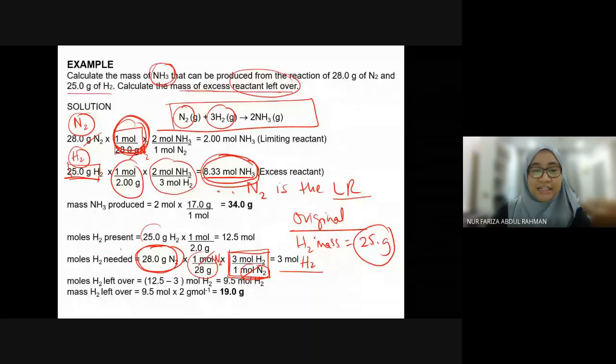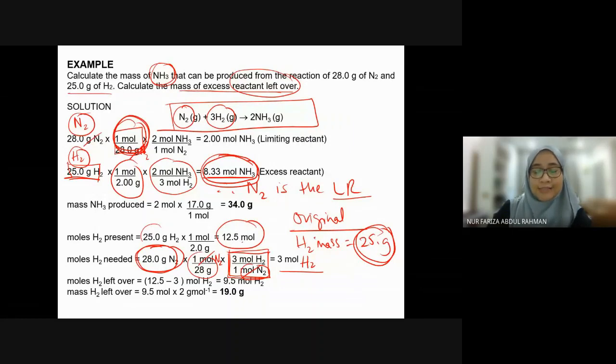Initially this 25 gram, when we convert into mole, is equal to 12.5 mole. Initially this is the amount of excess reactant, which is 12.5 mole. The amount of excess reactant used for the reaction is only 3 mole.